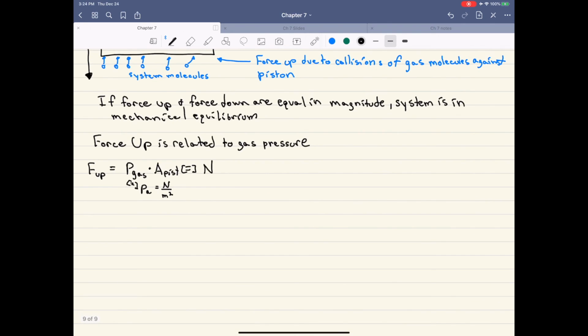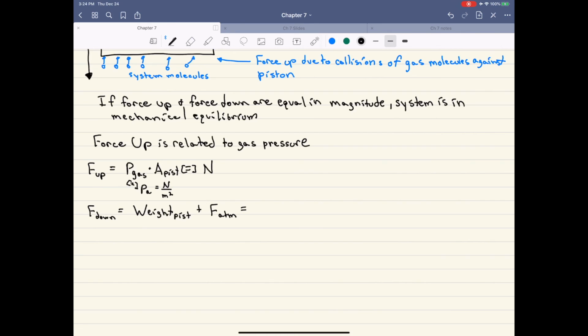All right, in a similar manner, if we consider the force down, the two factors that impact the force down are the weight of the piston plus the force of the atmospheric gas particles.